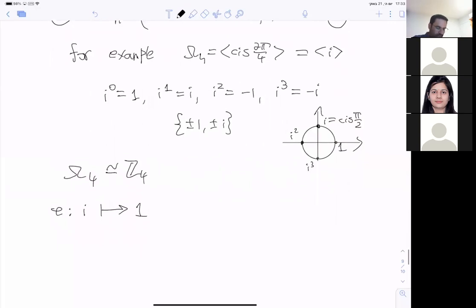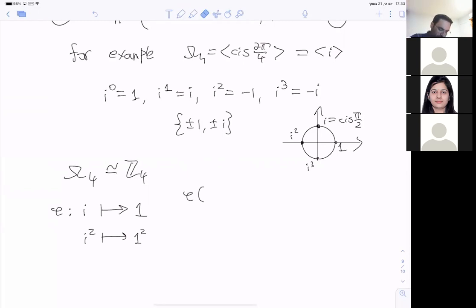I will go to 1, and once you explain what the generator maps to, then all the others are determined. I squared will go to 1 squared because this has to be a homomorphism. I recall to you what it means to preserve the operation.